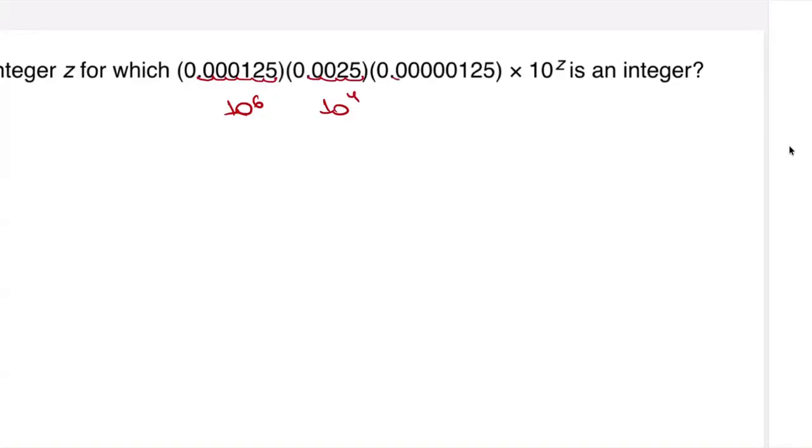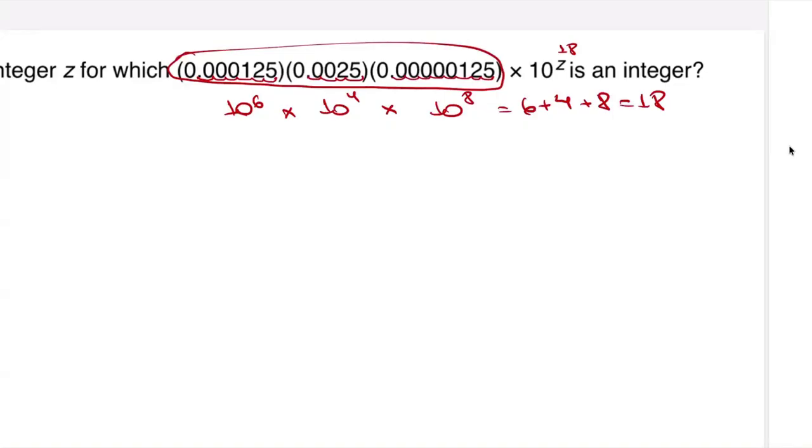And this number by 1, 2, 3, 4, 5, 6, 7, 8. So if this is times 10 to the power of 18, this number is an integer.